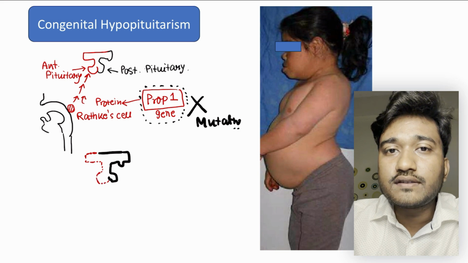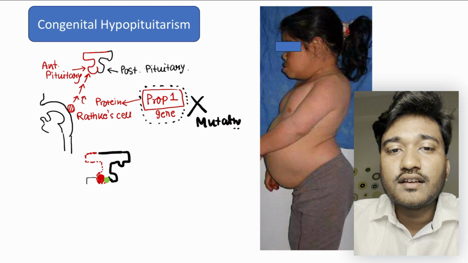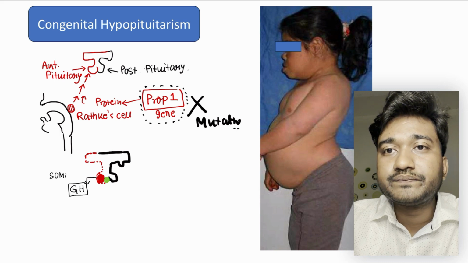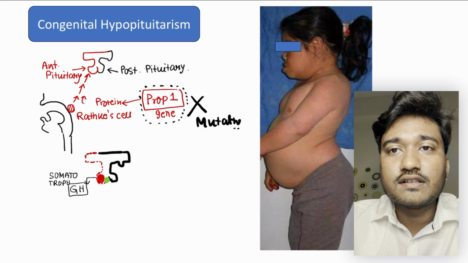So what actually happens is that the somatotrophic cells, your growth hormone releasing cells, are absent.